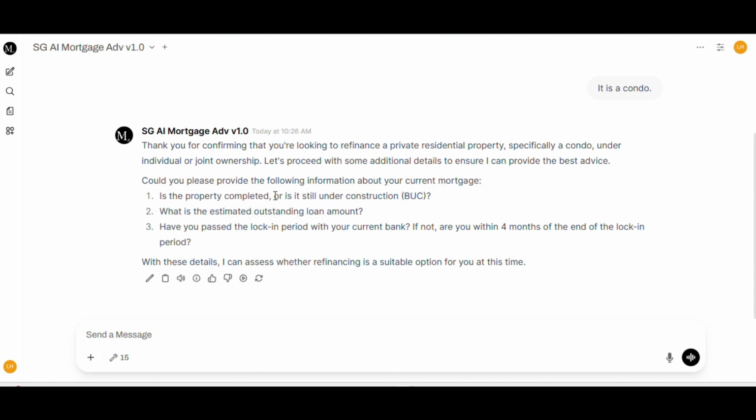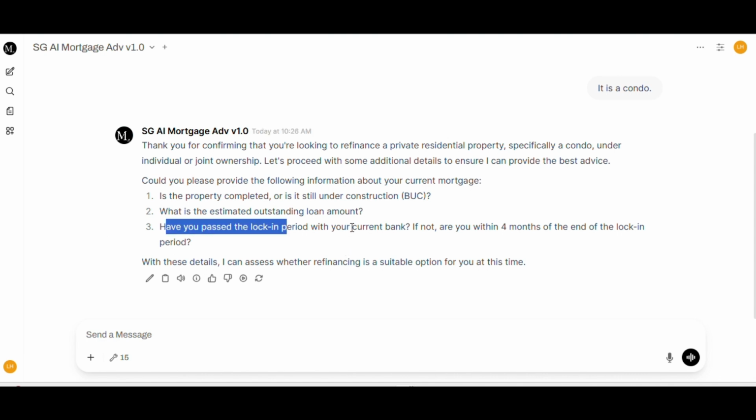Because if the property is still under construction, most of the time the bank loan hasn't been fully disbursed. So if you apply for refinancing, your existing bank will charge you additional fees or penalty for the balance undisbursed amount. It also asks you about the estimated outstanding loan, because it is just a self-assessment, you want an estimated figure, then you make a decision whether you want to move on.